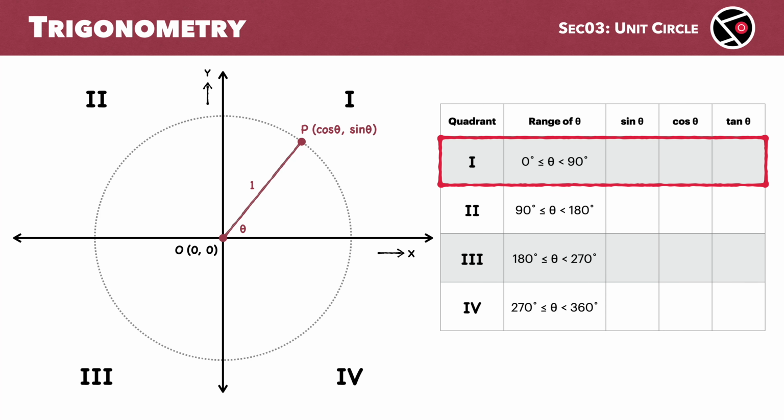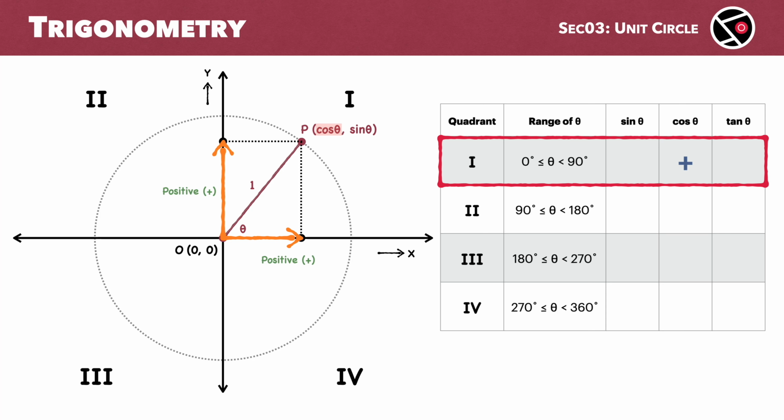Alright, point P is in the first quadrant. We will start by looking at its coordinates. The x-coordinate for P is positive. And remember, the x-coordinate represents cos theta. So, cos theta has to be positive. Next, the y-coordinate for P is also positive.